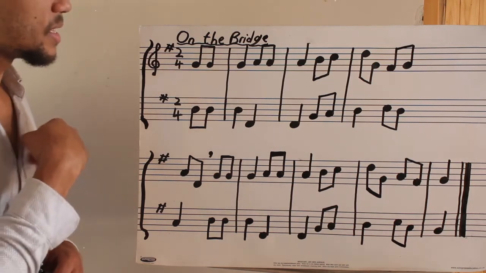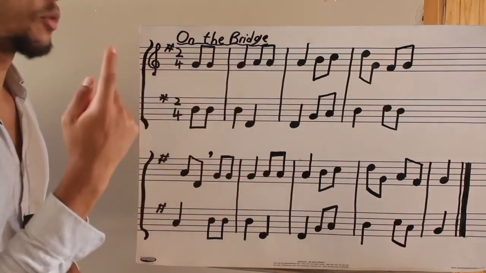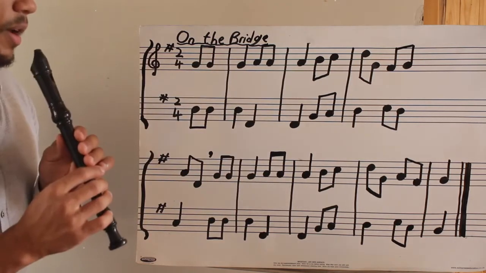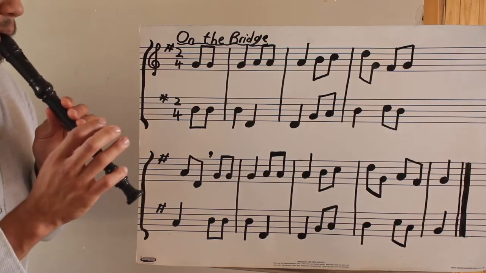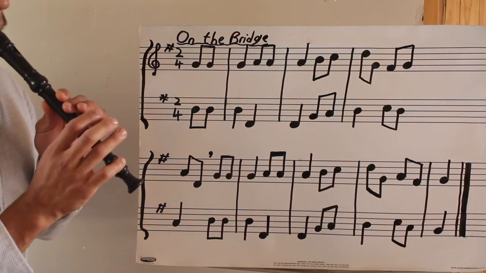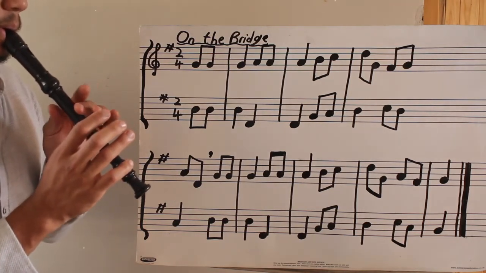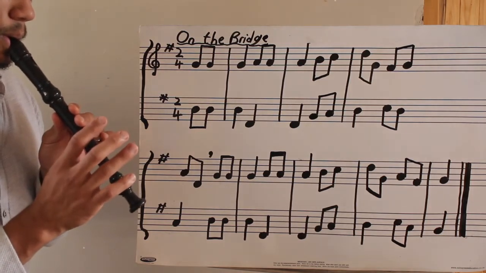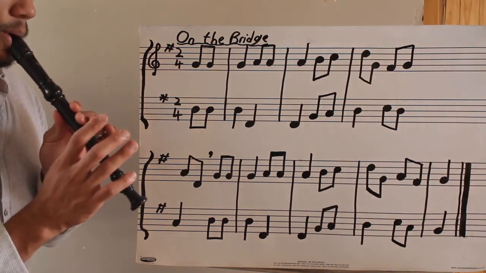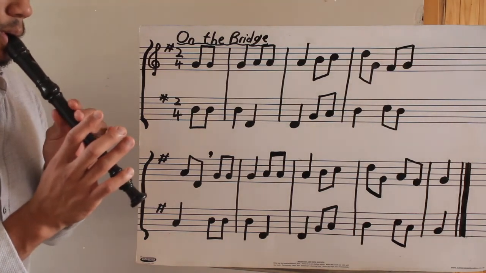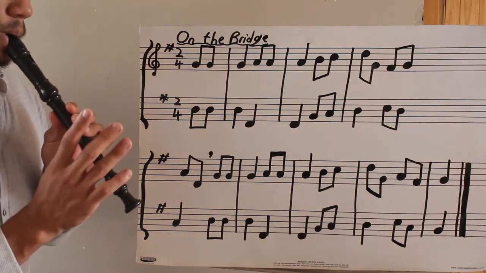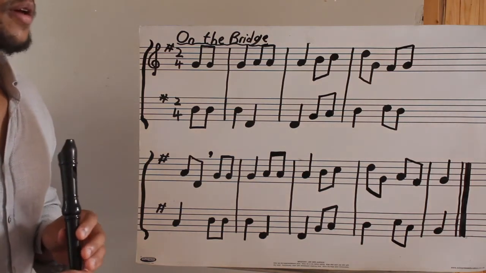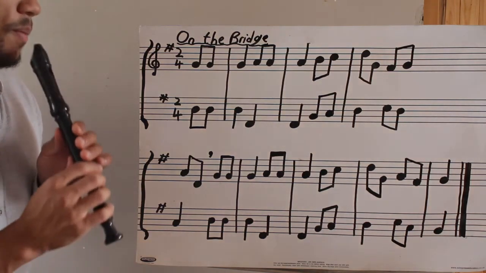Let's try this whole melody line from the beginning to the end, and I'm going to give a count of 1. So get ready. 1. Now let's slow it down quite a bit. After a count of 1. 1.